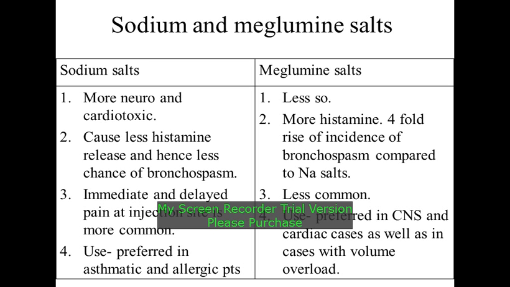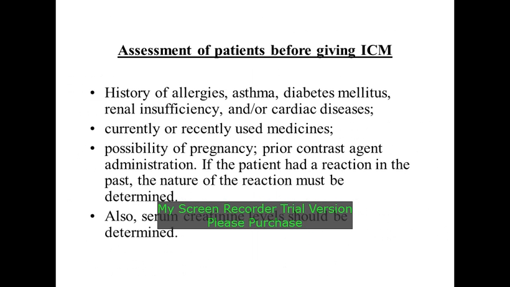Whereas meglumine salts are less neurotoxic and less cardiotoxic, cause more histamine release, with 4 times the risk of bronchospasm compared to sodium salts. Immediate and delayed pain at the injection site is less common, and their use is preferred in central nervous system and cardiac cases, as well as in cases with volume overload.